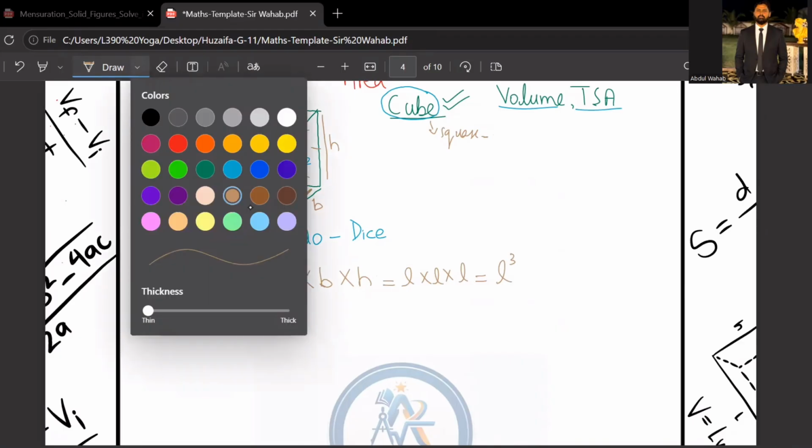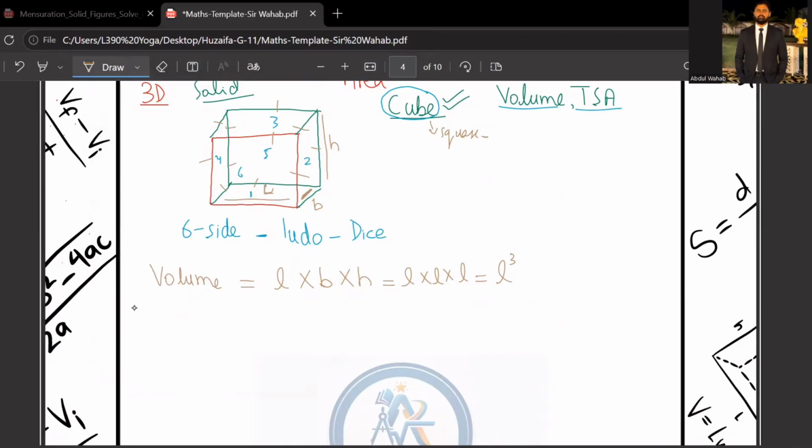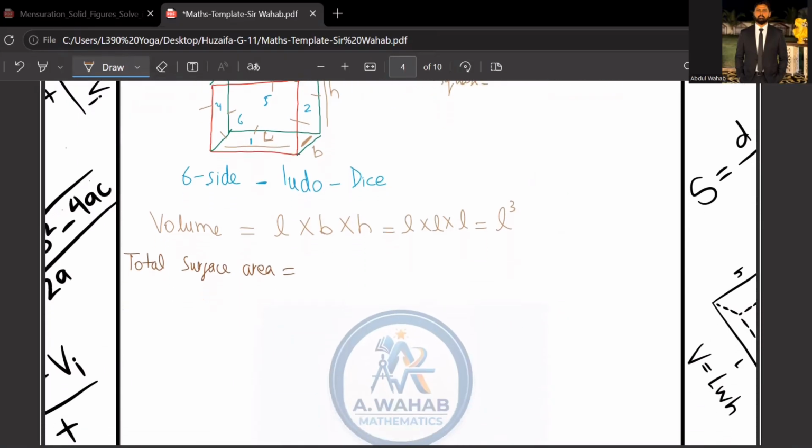Now, if you need to find the total surface area, the second thing we need to focus on in solid figures after finding the volume, if you focus, there are six sides, or you can say six faces, six surfaces shown in a cube. If I select any one side of the cube, each side of the cube represents a square.